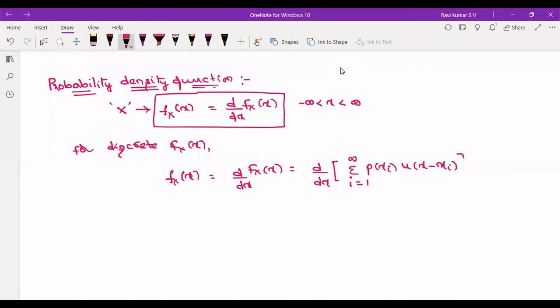So this is the definition we discussed already for distribution function. So for discrete random variable, we have this equation here.